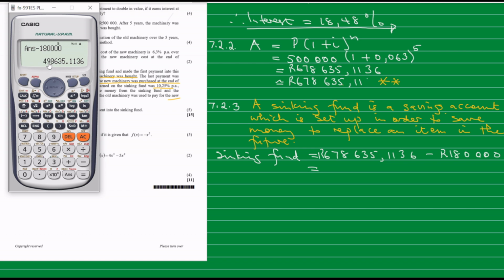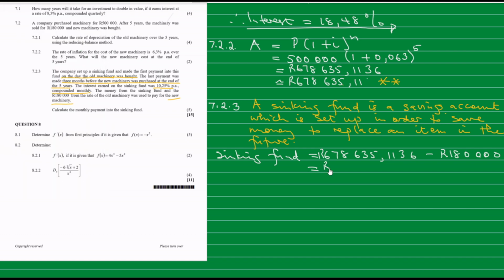We will get 498,635.1136. So this is the amount that we need to save in our sinking fund.